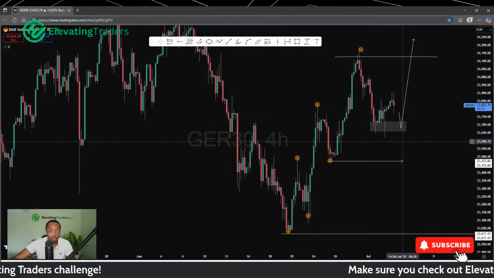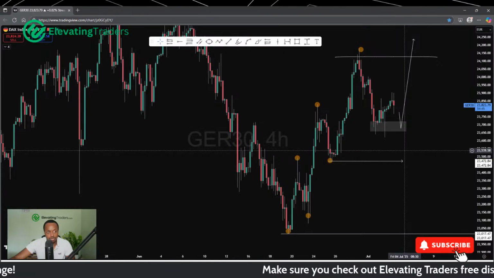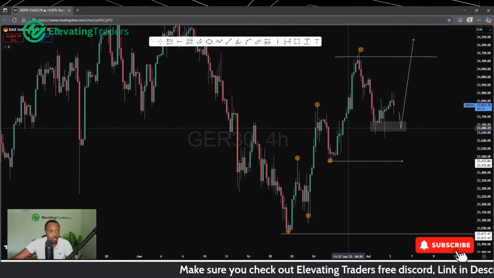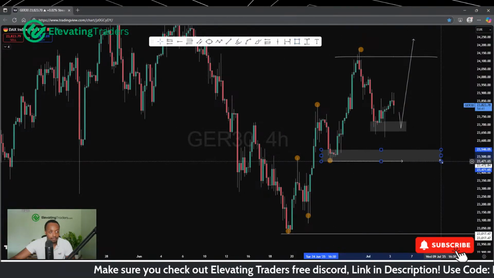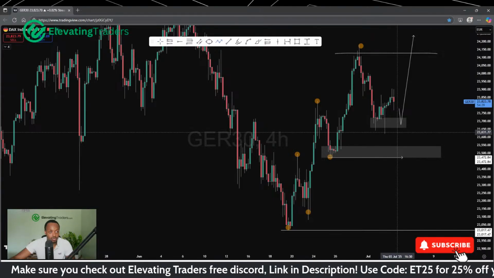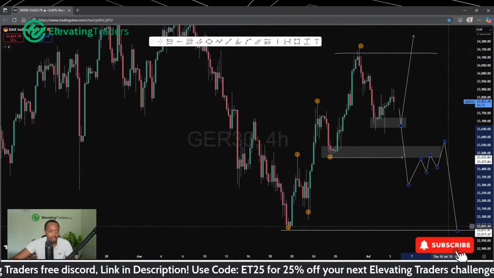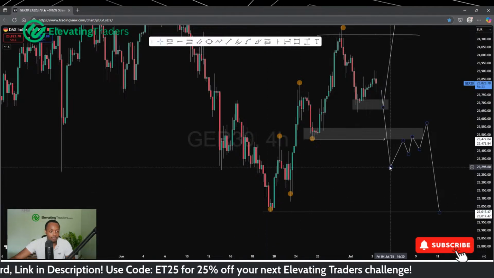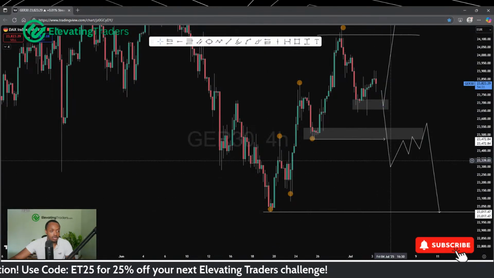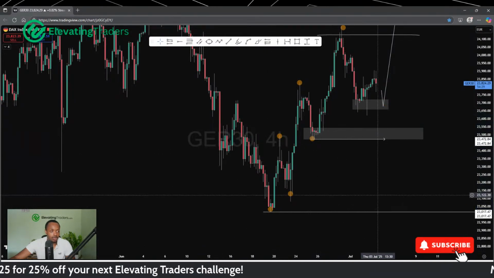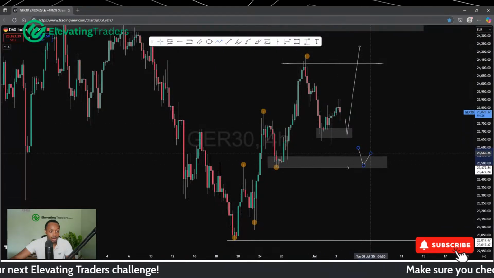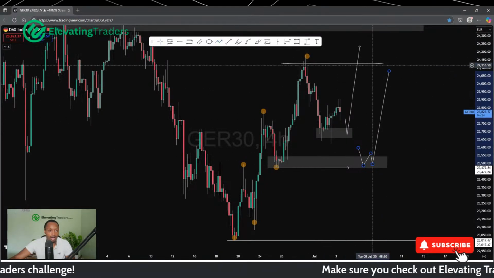If we break through this support, that's not necessarily a red flag, as long as we can still stay above this area. The red flag would be if price does break through that as well, then I would be looking at a lower high and some more downside into support. But if we do break through support there, but we end up respecting this low here, that could still provide a nice buy opportunity. So definitely keep an eye on that as well.